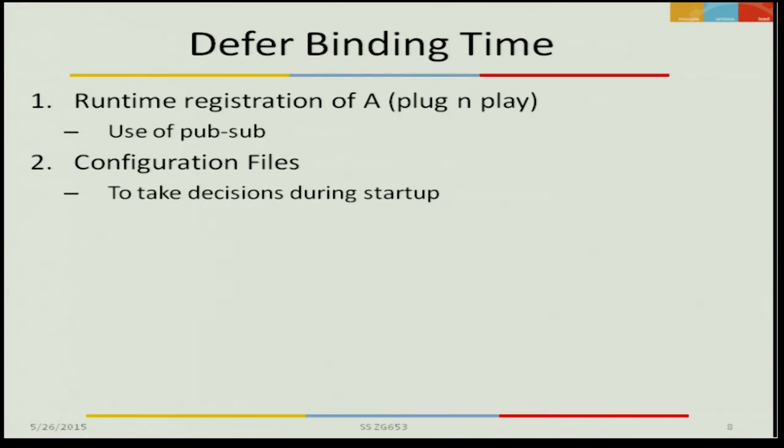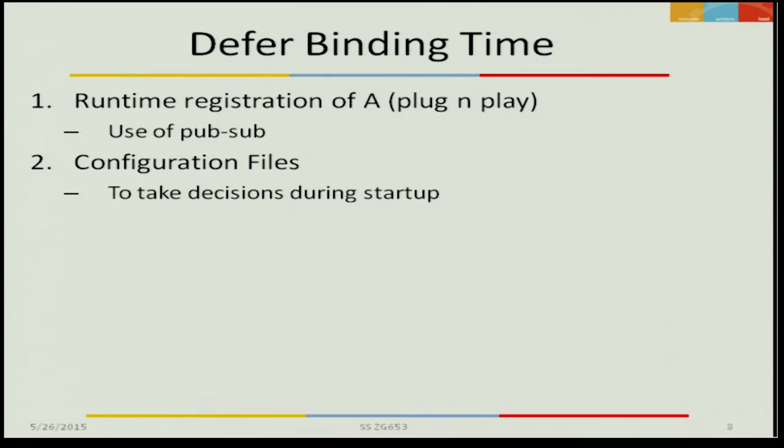Configuration files, sorry, not configuration of files, it's configuration files. Configuration files are very common techniques to defer the binding in some sense, because configuration files are external files in which the users put different configuration parameters which are read by the system at runtime, and by reading those configuration parameters the system retunes itself or configures itself.